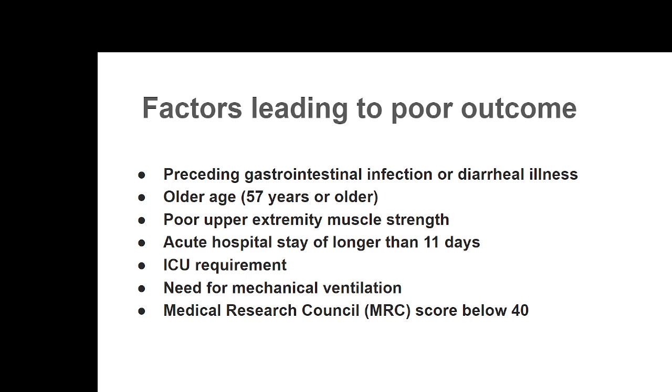Older age, 57 years or older, statistically is the cutoff limit where the prognosis becomes suddenly poorer. And patients who have involvement of the upper extremity also have a higher chance of developing complications.